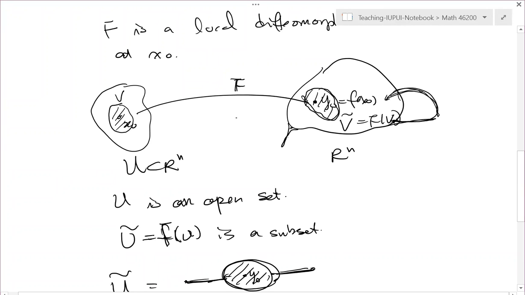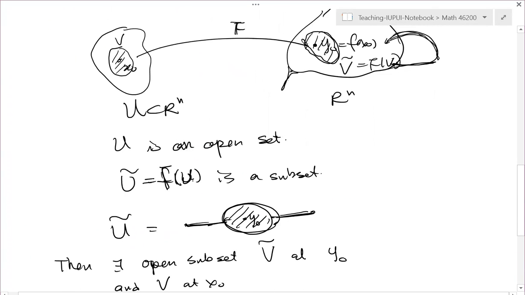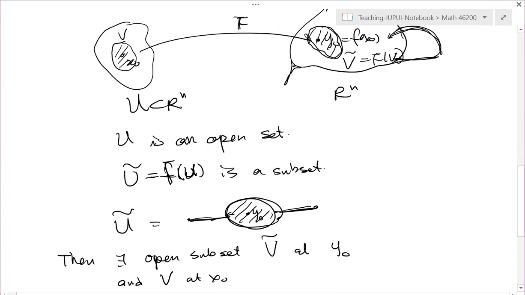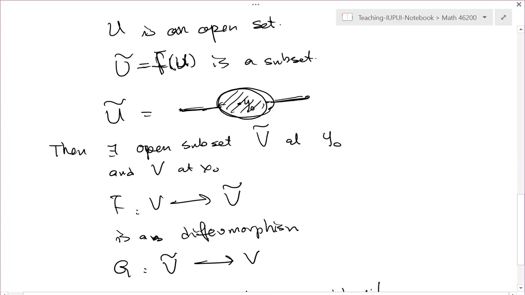And then you can find the inverse from this V2 dot to V. In other words, you can find a sufficiently small V so that F restricted on V is a one-to-one map and differentiable, and so it becomes a diffeomorphism between V and its image, right? So there's an open set V tilde and another small open set inside U.